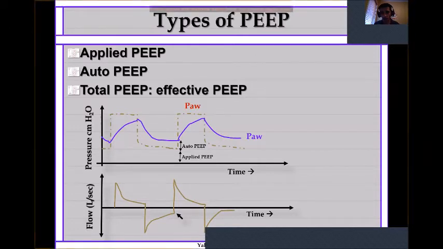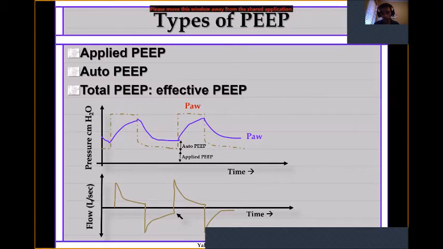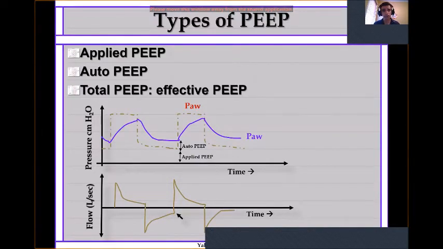That means we have air trapping, and that means we'll have an extra PEEP. Always remember, the flow should go back to normal. If you see the flow graph does not go back to normal, then remember that the second breath started before finishing the previous one, and that's why you'll have an extra PEEP not generated by the applied PEEP.